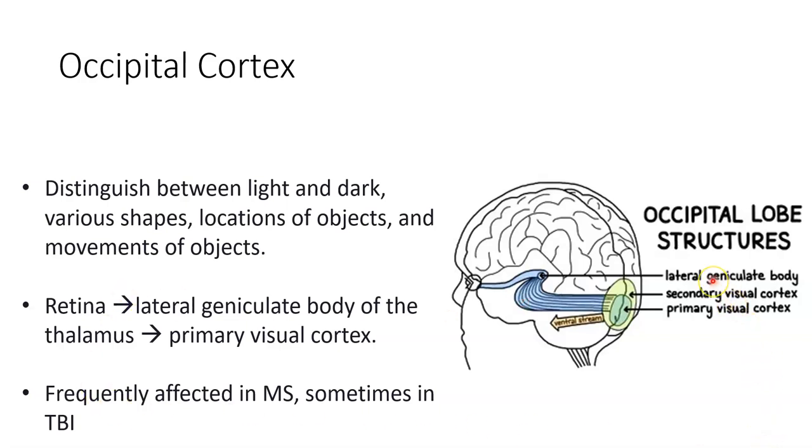The occipital cortex is frequently affected in people with multiple sclerosis, as well as in TBI. We'll cover multiple sclerosis in your summer semester and discuss it more at that time, but it's important to remember your neuroanatomy for the occipital cortex for these patients.